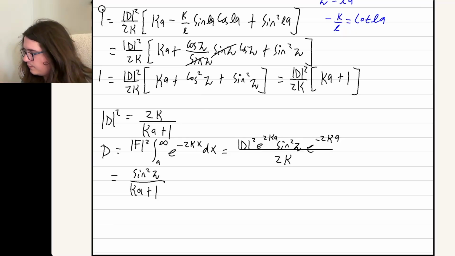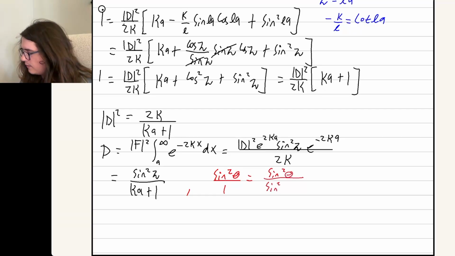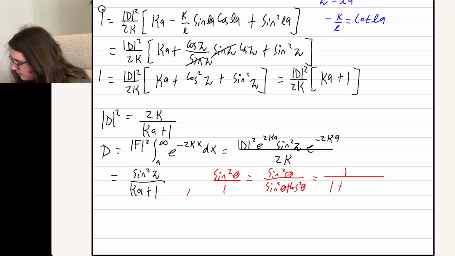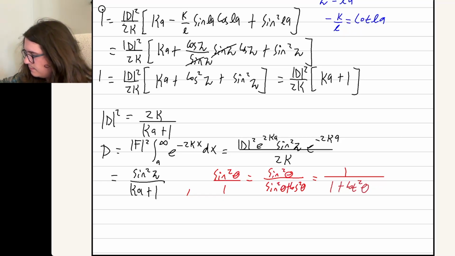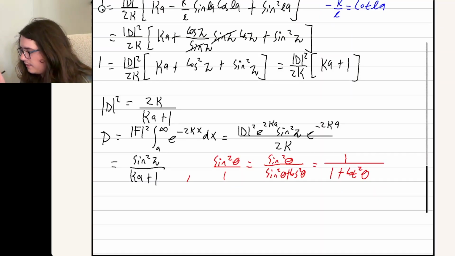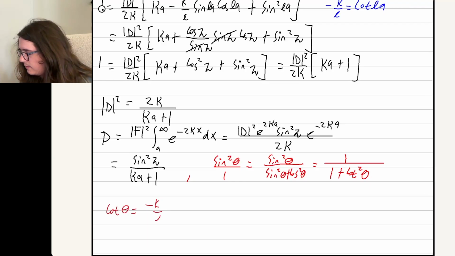There's a fancy way that we can rewrite the sine function, since it is just sine squared theta over 1, which means it's sine squared theta over sine squared theta plus cosine squared theta, which means if we divide both the top and bottom by sine squared, you get 1 plus cotangent squared theta. And we happen to have a nice form for cotangent squared theta, that is, cotangent theta was just minus k over l.